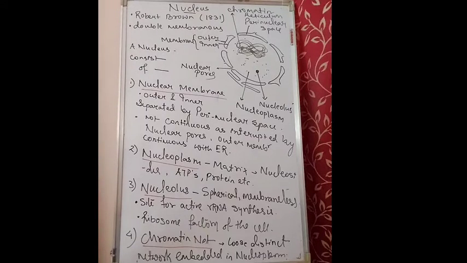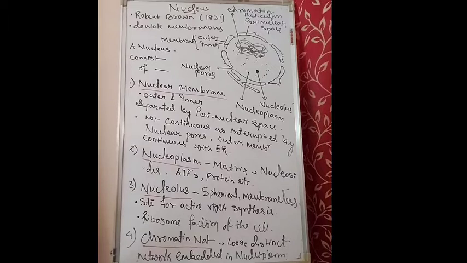Now number 3 is nucleolus. It is a small structure which is present within the nucleus. This nucleolus is always membraneless. It does not have any membrane, so it is a membraneless, spherical structure present within the nucleoplasm. The main function of this nucleolus is that it helps in synthesis of ribosomal RNA.